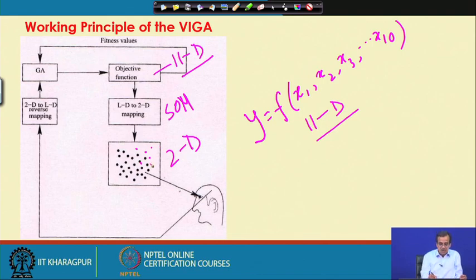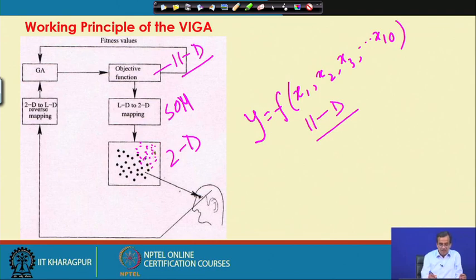Now, I will just go on clicking in a particular region and I will try to find out in which direction the value of this particular objective function, or the fitness, is going to increase, and we will try to find out the correct direction along which the fitness value is going to increase.